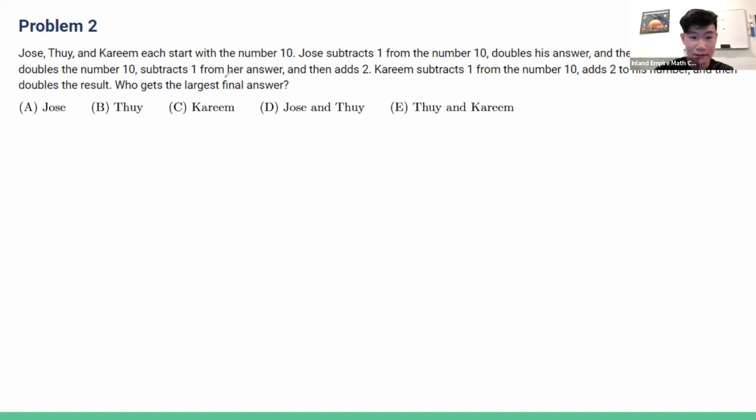Well, their numbers are actually not connected, right? We're trying to find the largest out of them 3. So let's just calculate all their numbers separately. So I'm going to put J, T, and K to represent their names. They start with 10. Jose subtracts 1 from the number 10. Then he doubles that. So you multiply all this by 2, and then you add 2.